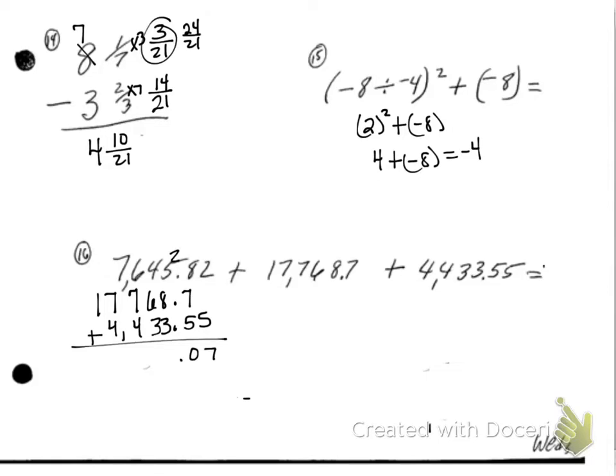Carry the 2. 2 plus 5 is 7, plus 8 is 15, plus 3 is 18. 1 plus 4 is 5, plus 6 is 11, plus 3 is 14. Carry the 1. 1 plus 6 is 7, plus 7, 14. 14 plus 4 is 18. Carry the 1. 1 plus 7 is 8, plus 7, 15, plus 4, 19. Carry. So we have 29,848 and 700.